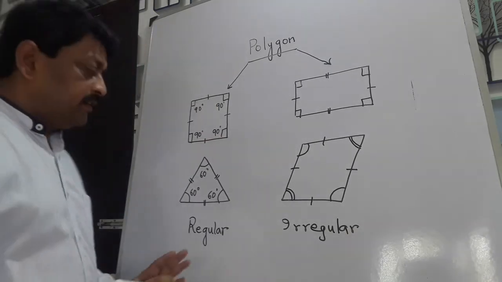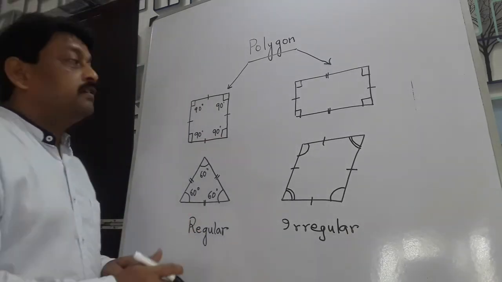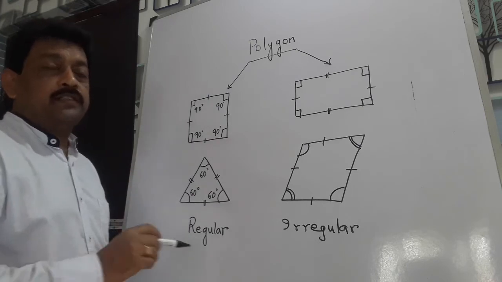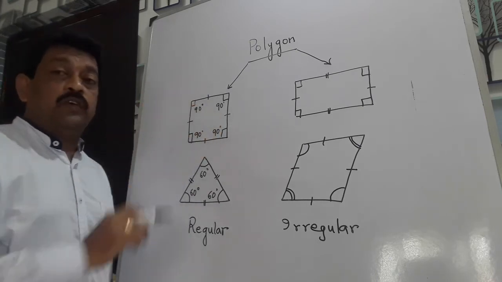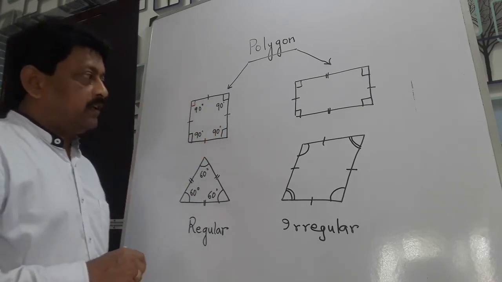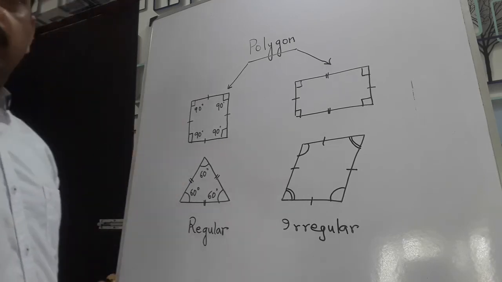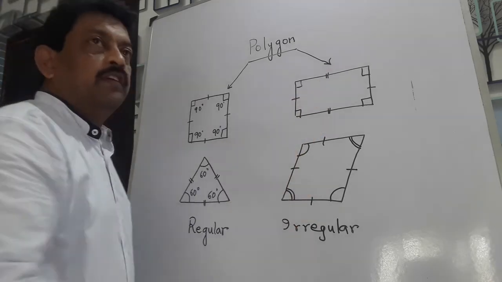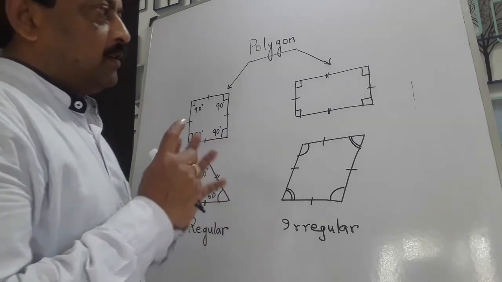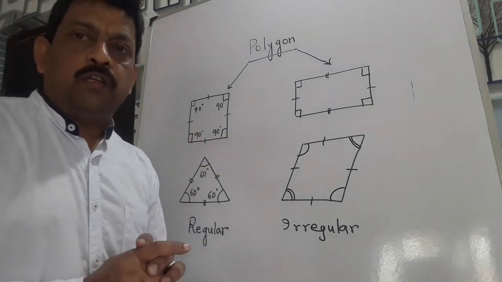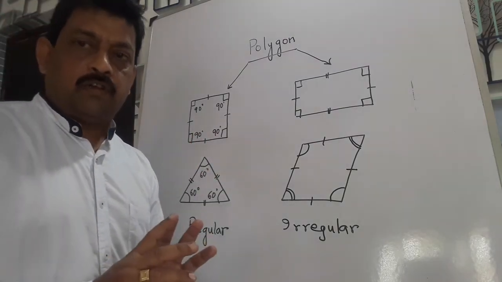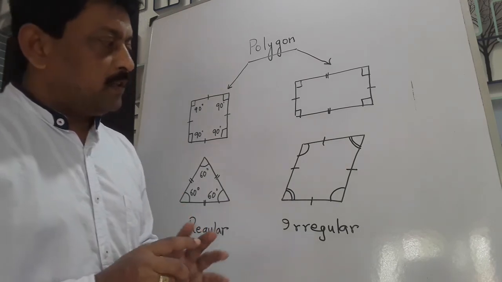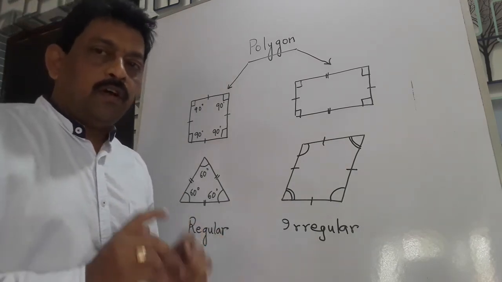So what we have learned here, in case of a regular polygon, the lengths of all the sides as well as the included angles must be equal, like in a square, like in an equilateral triangle. But in case of an irregular polygon, either the lengths are not equal or the angles are not equal, meaning they are irregular polygons. Understood? Good.